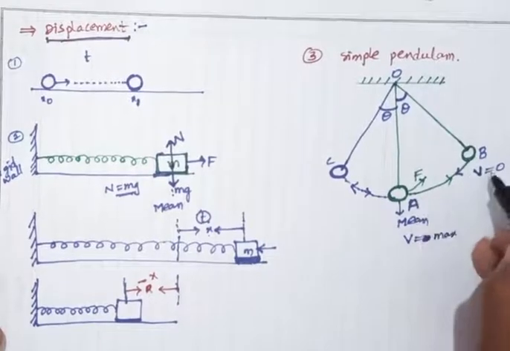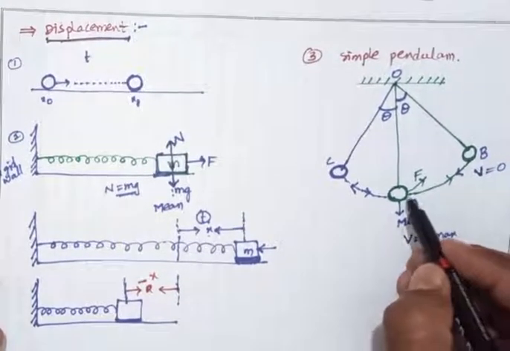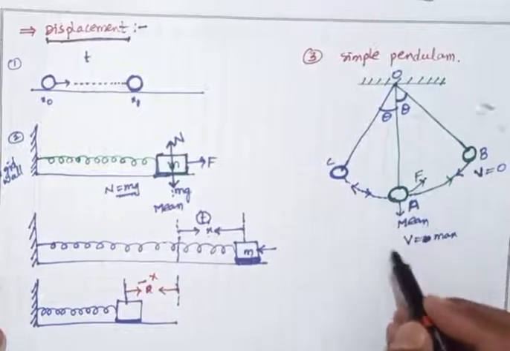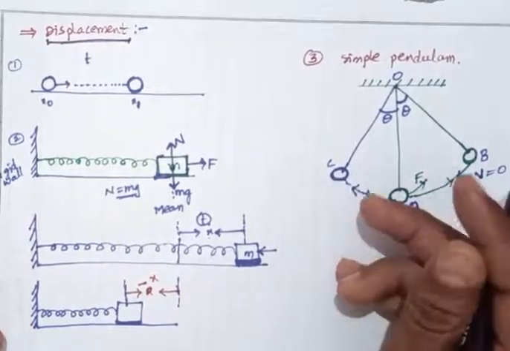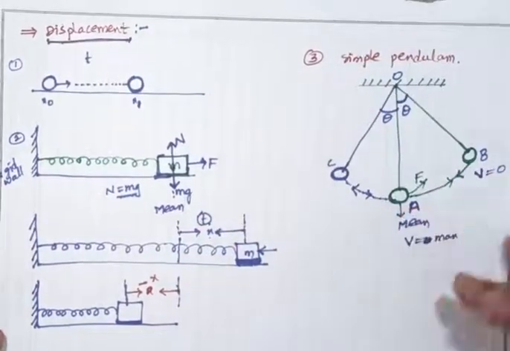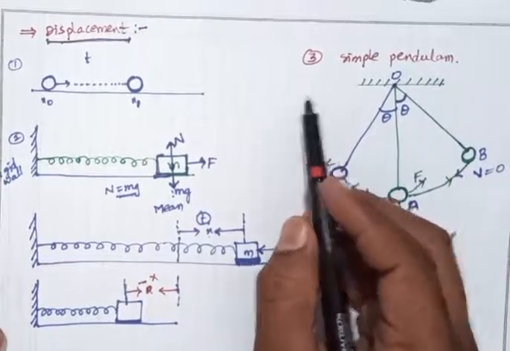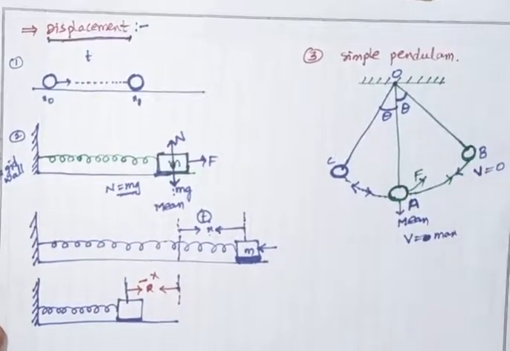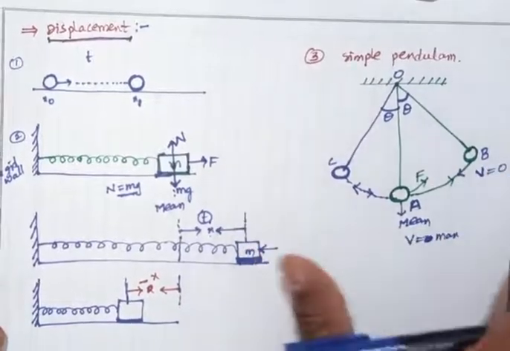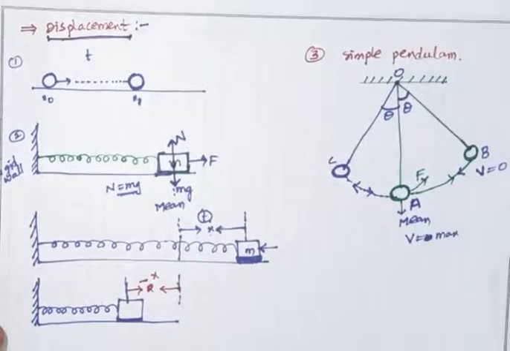Again it moves, and the velocity is maximum here, and again it moves to point C. So like this, the displacement at point O is called the angular displacement of a simple pendulum. The angular displacement of a simple pendulum is the angle theta.